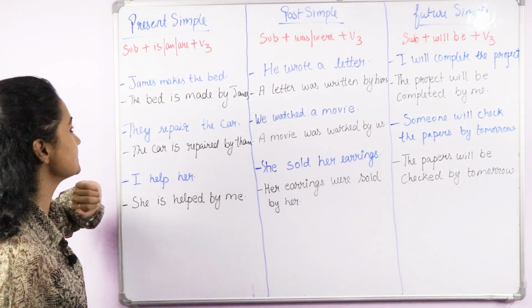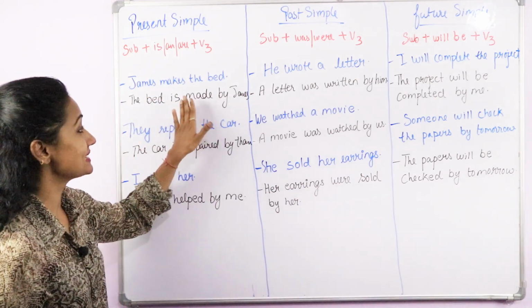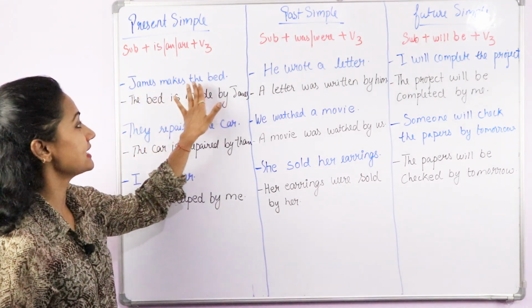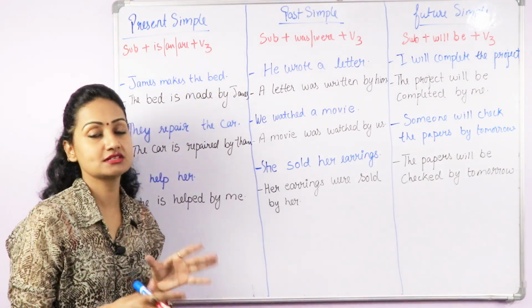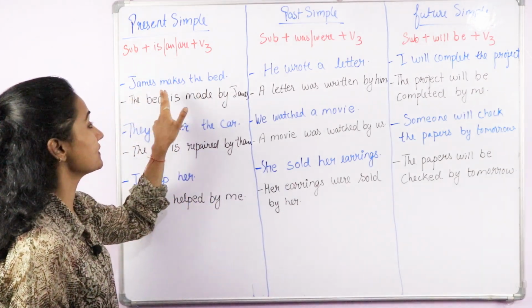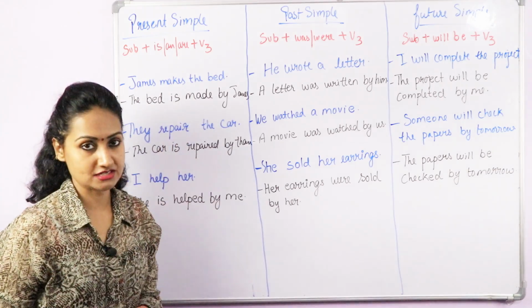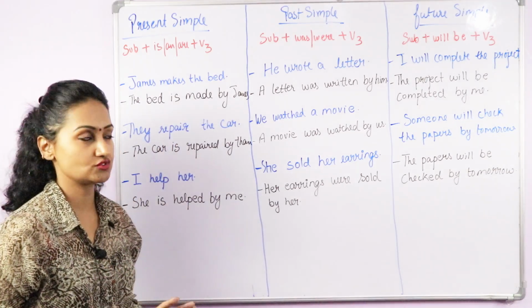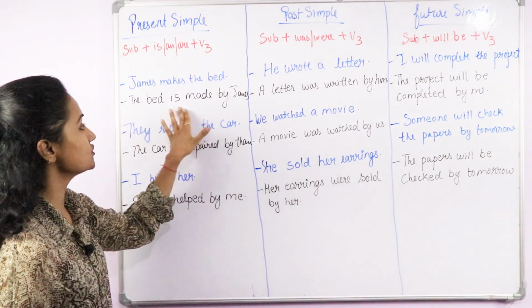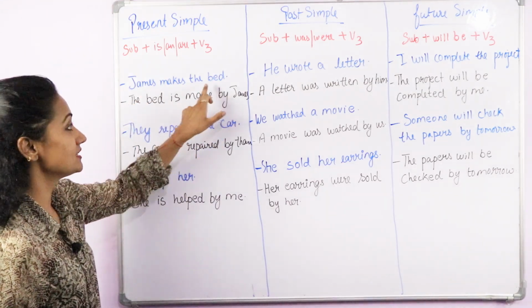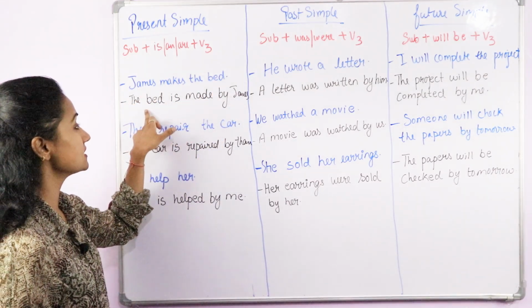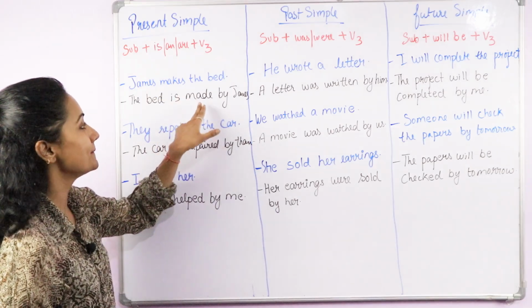Now let's look at this sentence. James makes the bed. So this is an active sentence. James is the subject and the doer of an action, makes the bed, and the bed is an object. Now how to change it into passive? The bed, the object, becomes the subject. The bed is made.